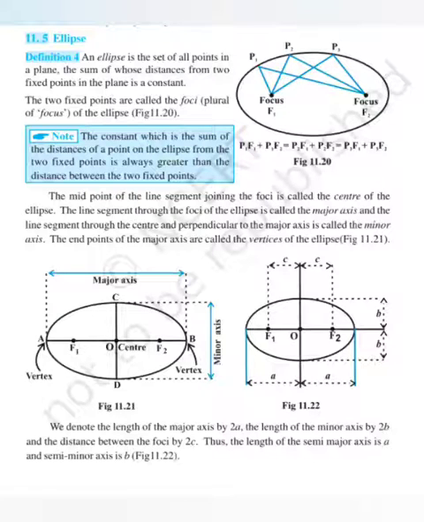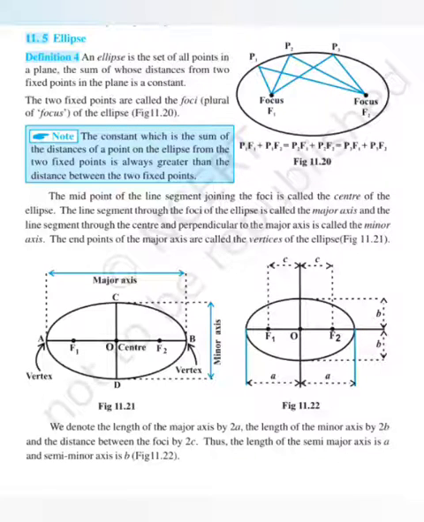Then, by definition, the sum of distances from point P1 to the two fixed points F1 and F2 is equal to the sum of distances from point P2 to F1 and F2, which is equal to the sum of distances from point P3 to F1 and F2. That is, P1F1 plus P1F2 is equal to P2F1 plus P2F2, which is equal to P3F1 plus P3F2.